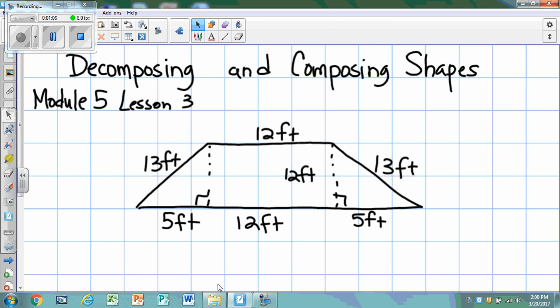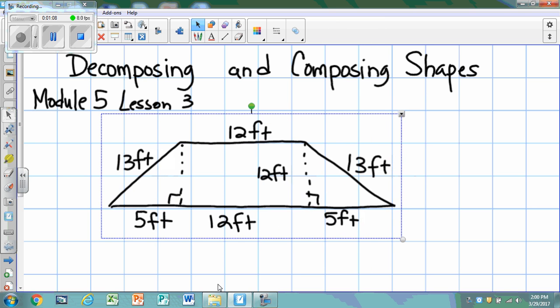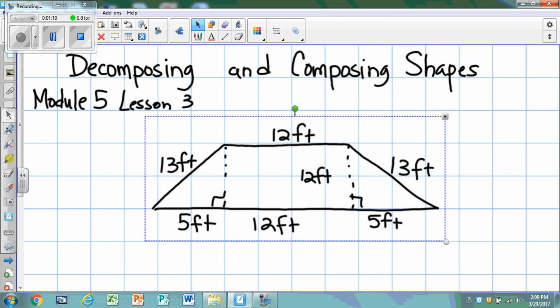We have two right triangles, pardon me, and we have a square. Why do we know it's a square? Because all the sides are equal and they're equal to 12. All of the sides are 12 feet and they're all equal.